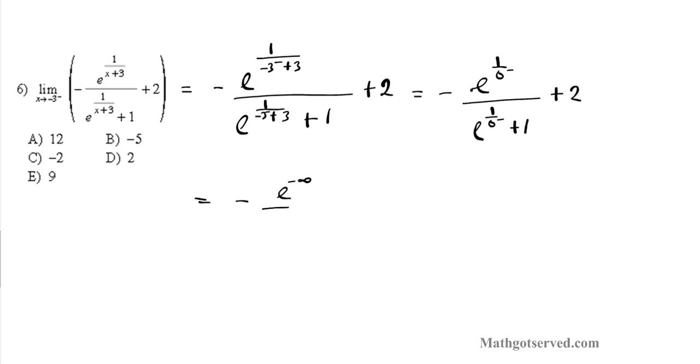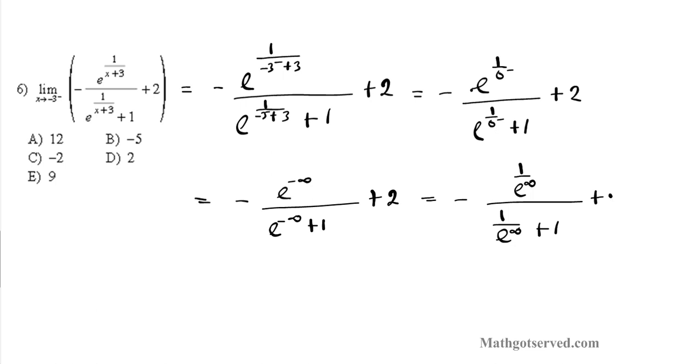Divided by the same story here, e to the negative infinity, plus 1, plus 2. So simplify further, using the reciprocal property of exponents. Because of this negative exponent, you have 1 over e to the infinity, and then here also you have 1 over e to the infinity plus 1 plus 2.